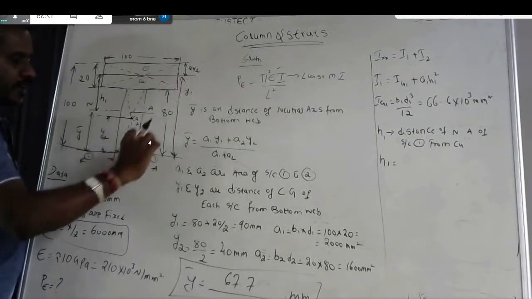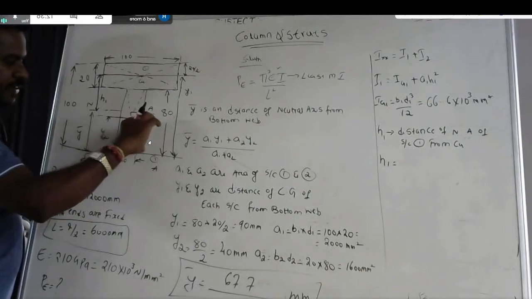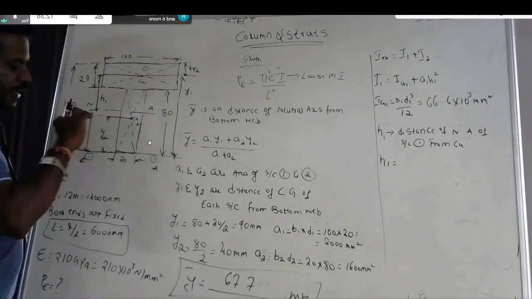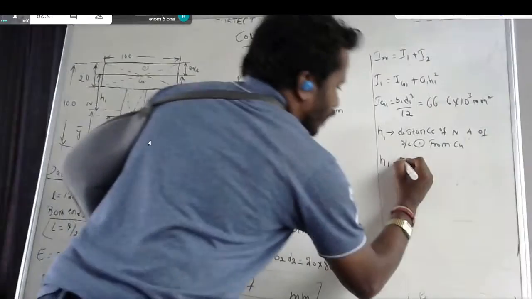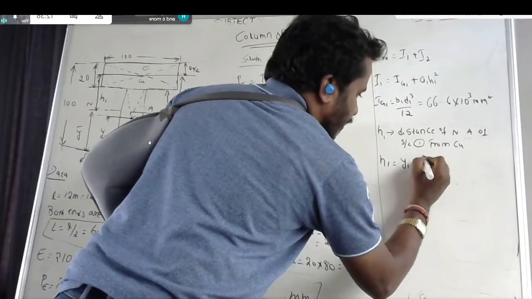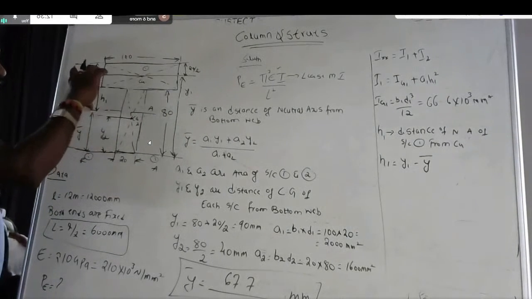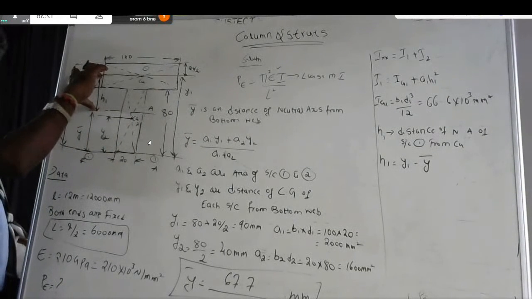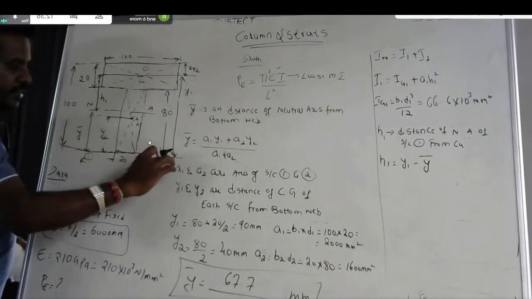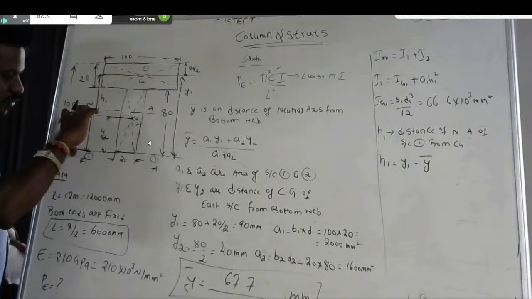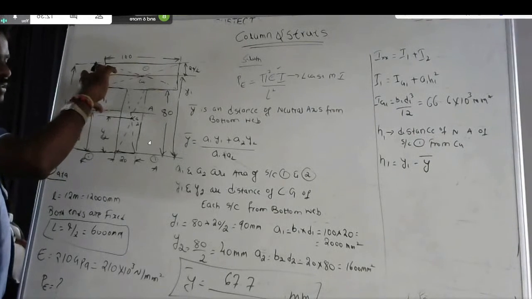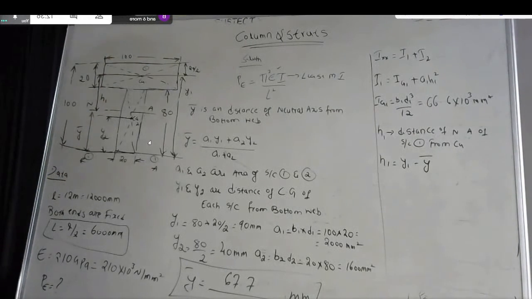I know Y1, the distance from the CG to the bottom of the section. From the bottom up to the neutral axis I know the distance Y bar. Therefore, if you minus Y bar from Y1, the remaining distance is H1. Common sense, correct?